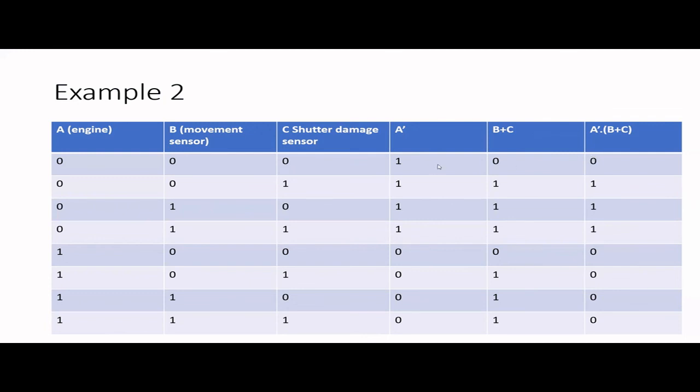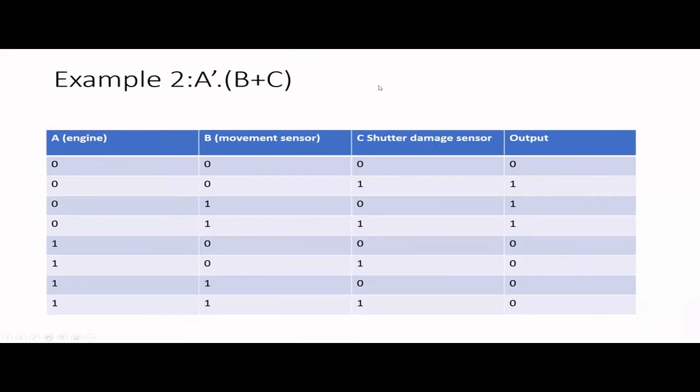In an AND operation, both inputs should become 1, then only your output becomes 1. So only in these 3 cases, we have both inputs as 1, so your output becomes 1. Understood? So that's how you get the same answer if you do it logically.